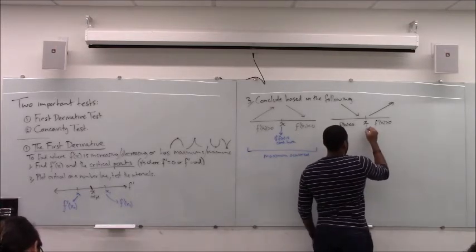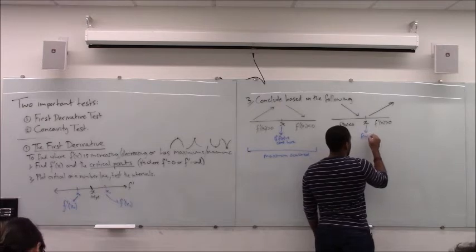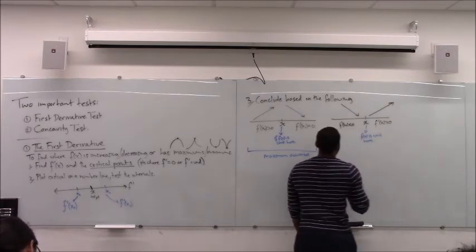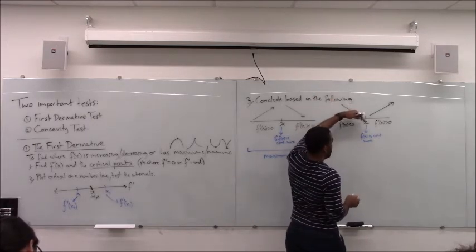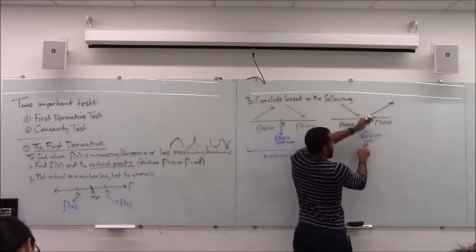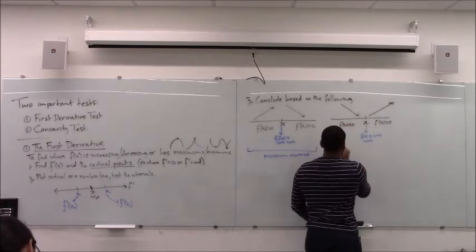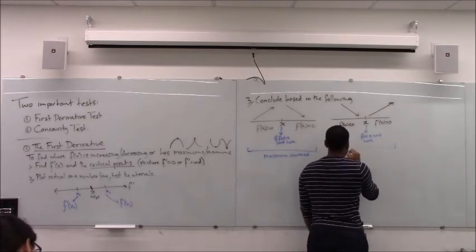Here, again, assuming that your f of x is continuous, this means you're going down, you hit a point on your function, and then after that point you started going up. This means a minimum occurred.